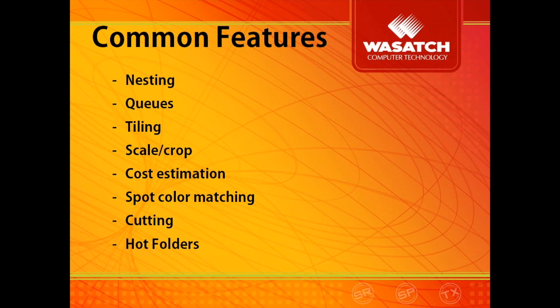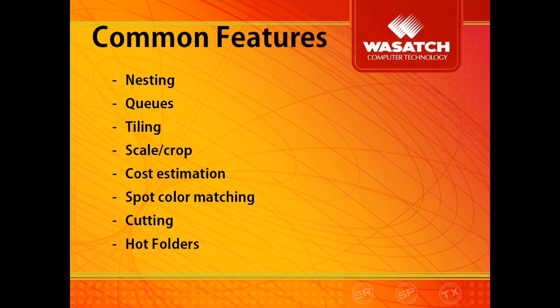So let's jump in here. There's some common features that RIPs have added over time, right? When digital printing first came out years ago, there was a need recognized to make things easier to print on a wide format printer. You've got this width of however many inches, 40, 60, etc. Not all my files fit that.